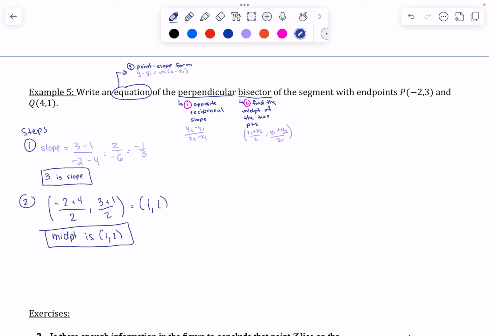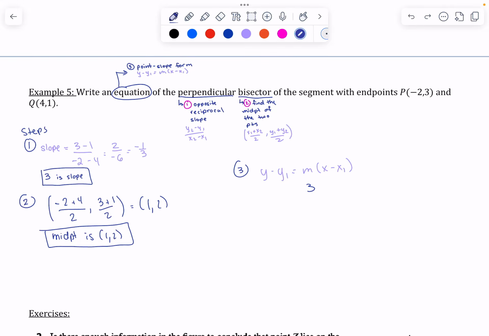Okay, now last step. I am going to take step 1 and 2 and use it to write the equation of the line. So y minus y1 equals m times x minus x1. This is what I'm plugging in for m, and this is what I'm plugging in for y1 and x1.